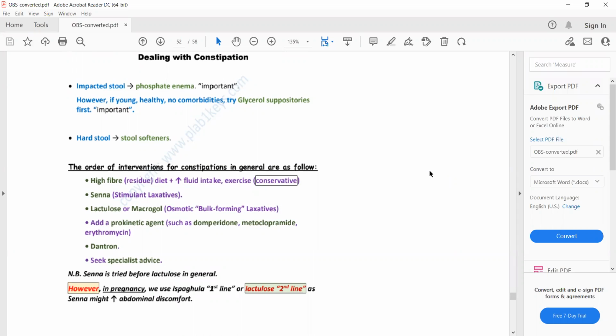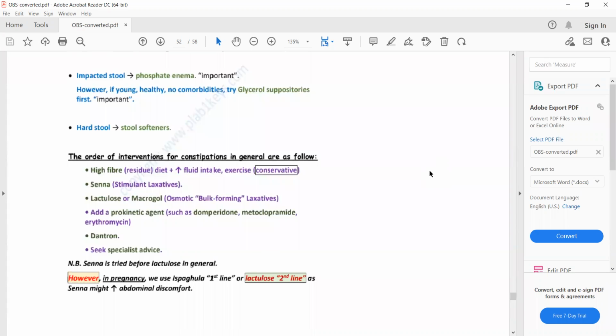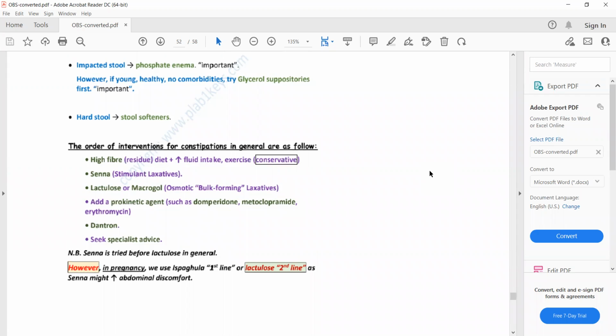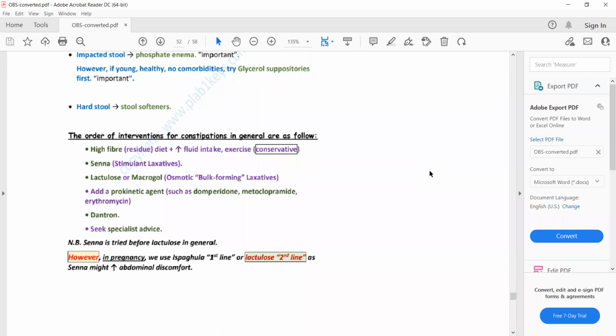And in a young or healthy patient with no comorbidities, with impacted stool, we try glycerol suppositories. For hard stool, we can use stool softeners.